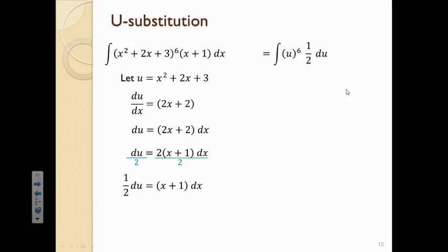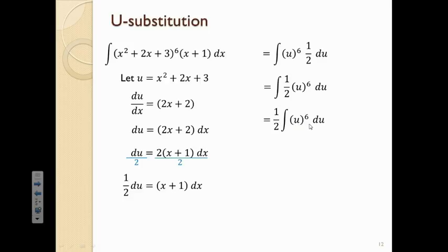So to see that a little bit more clearly, I put it over here because we're used to seeing it in front when we've done the homework before. Now this 1/2 can simply come out. You don't have to do this in-between step. It's just something that can be helpful for some students. So the 1/2 moves outside of the integral sign, and now we're doing 1/2 the integral of u to the 6th du.